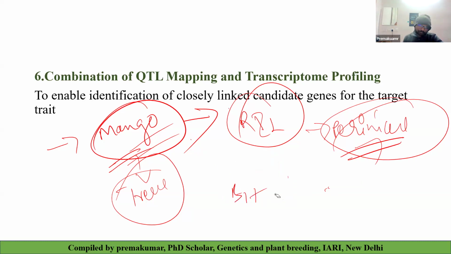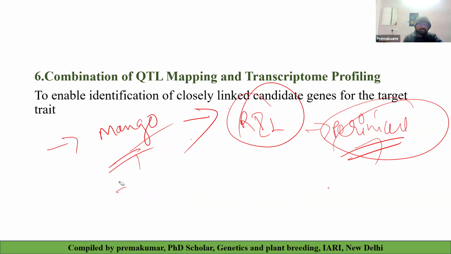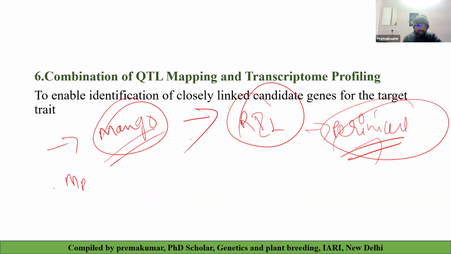It's very difficult. In that case, how to do QTL mapping? There are several QTLs for diseases in mango, so people do QTL mapping in mango also. What are the approaches? There are different mapping populations for this, like pseudo-backcross and pseudo F2.